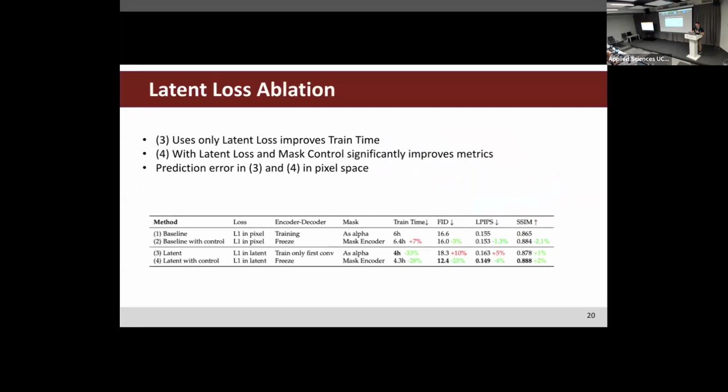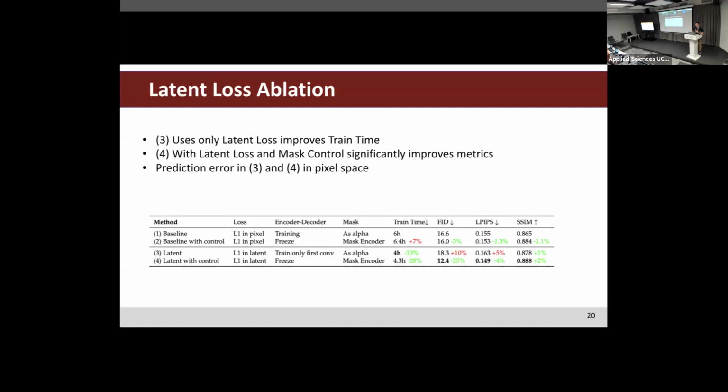And from our experiments, we managed to achieve this improvement. So in the first and second experiments from the mask control ablations, the third is an extension of the first row. Everything, every layer was the same, but we changed the loss from L1 distance in pixel space to L1 distance in latent space.